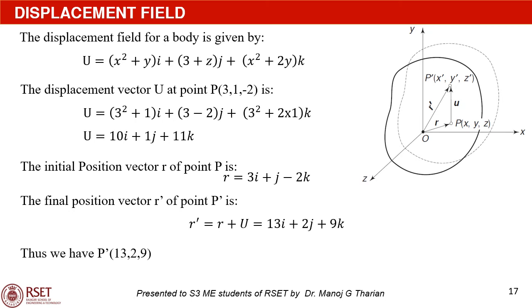This means the coordinates of point P dash are 13, 2 and 9. Thus, during the deformation, a point P whose coordinates were 3, 1, minus 2 takes a new position P dash whose coordinates are 13, 2, 9 as per the given displacement field.